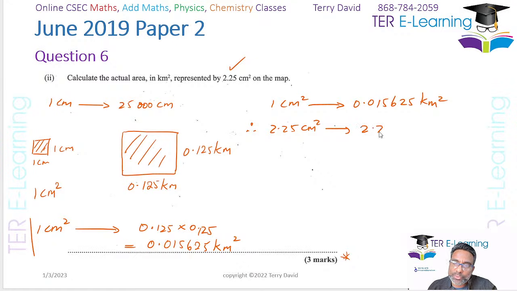So this is going to be 2.25 multiplied by 0.015625, and this is going to give me my answer in kilometers squared. I'm going to get 0.0352. I hope that makes a little sense for some of you guys.